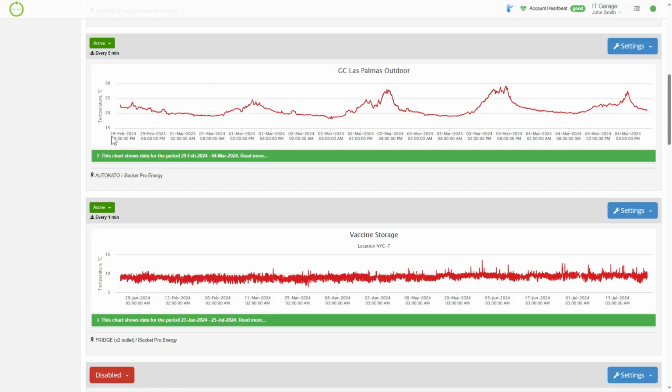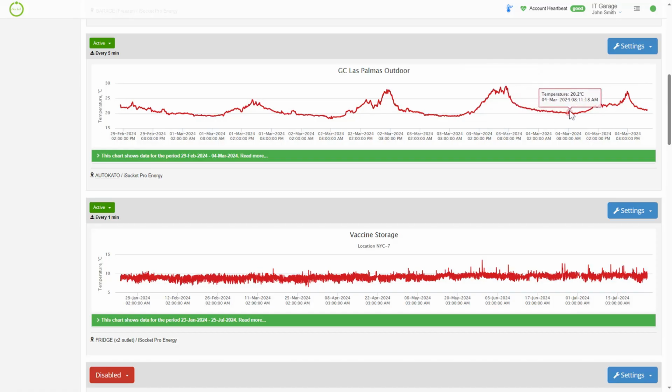So look, from 29 of February up to 4 March, the sensor was on the balcony, and you can see it was so cold. 19, 18, and in daytime just 27. Here is some spike, probably it was in the sun.